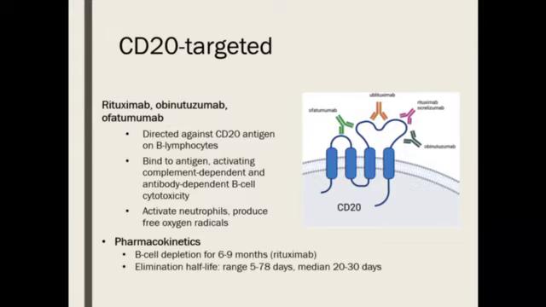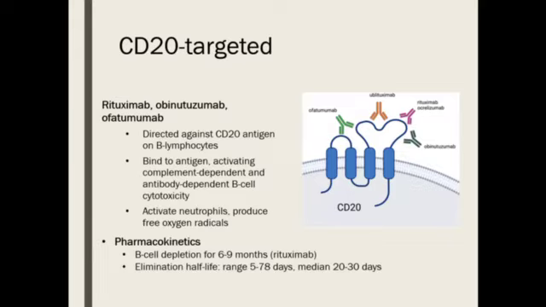You can see a difference in where that binding affinity is, but we'll treat them as a class-based effect, even though in practice it's really not the case. These monoclonal antibodies are directed against CD20 antigens on B lymphocytes. They bind to the antigen, activating complement-dependent as well as antibody-dependent B cell cytotoxicity. They can also activate neutrophils and produce free oxygen radicals.